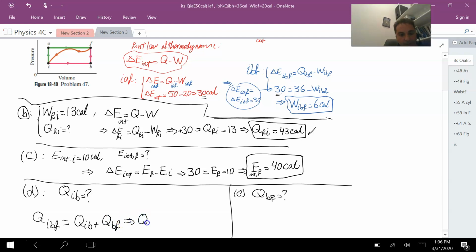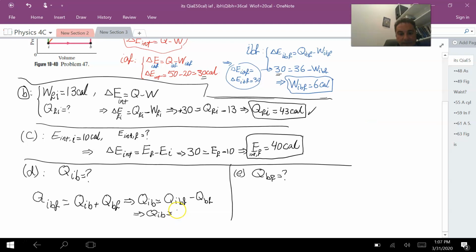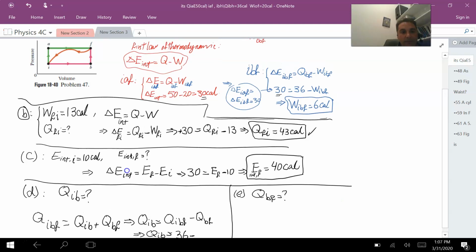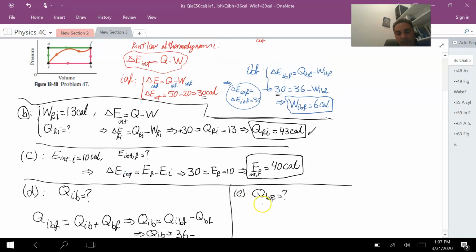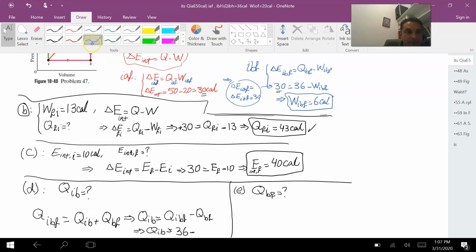Therefore, QIB will be QIBF minus QBF. How much is QIBF? It's 36 minus QBF. Oh, we don't have QBF actually. QBF is in section E. So let me find that one first.